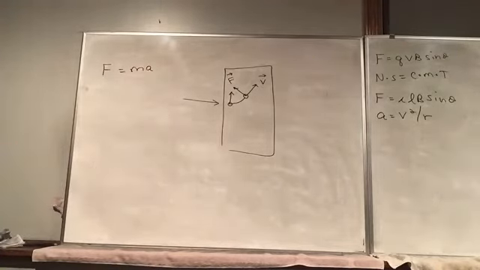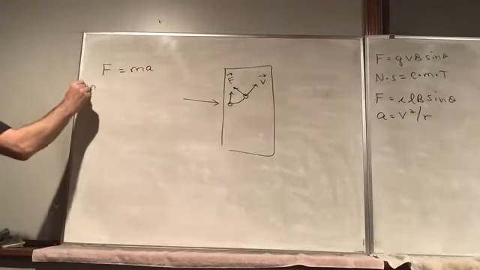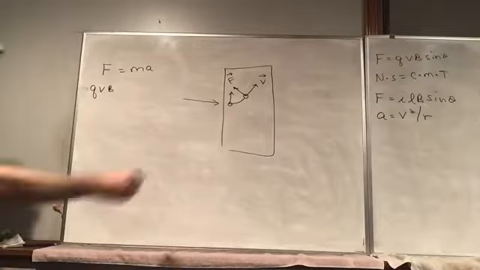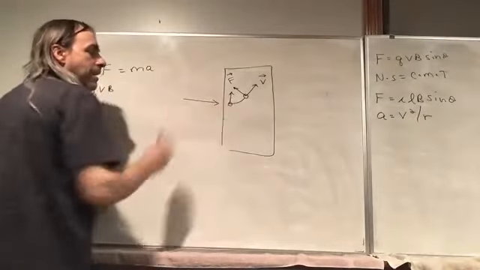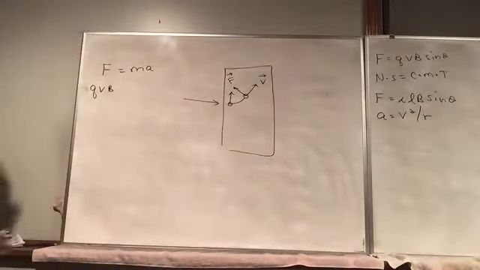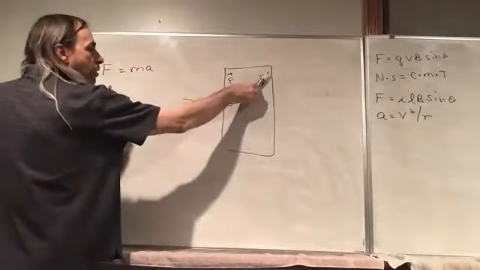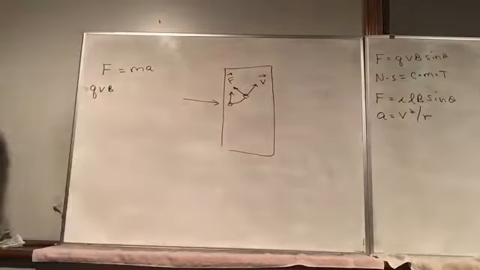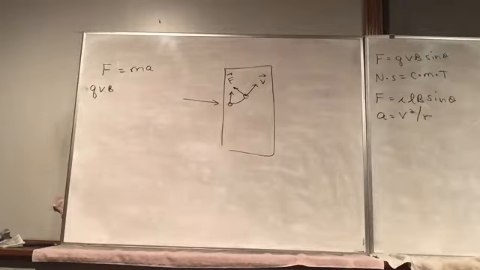Now, the force is QVB sine of theta, or just QVB. The magnetic field in this case is perpendicular to the board, so the velocity and magnetic field are always perpendicular to each other. So theta is always 90 degrees, and sine of 90 is 1.